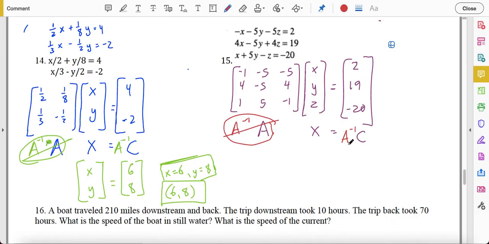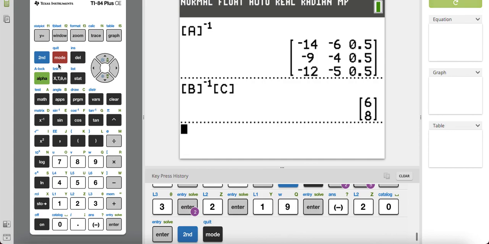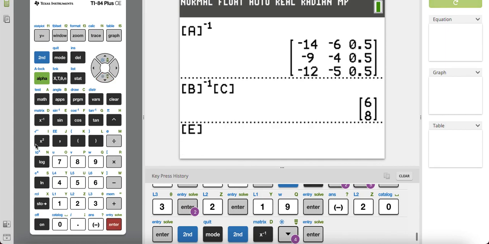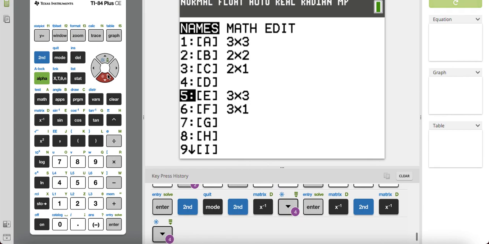All right, I have to do the inverse of the coefficient matrix times the constant matrix to solve for my variable matrix. So second matrix, my coefficient matrix was E. I want the inverse of that, and then I'm going to multiply it by F, my constant matrix.